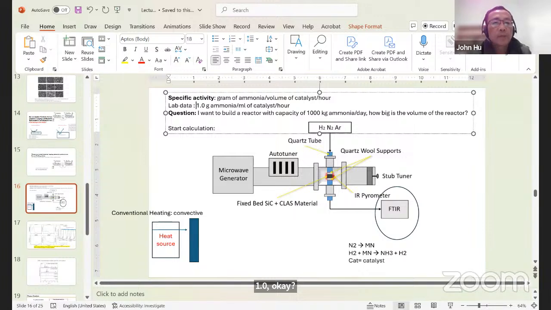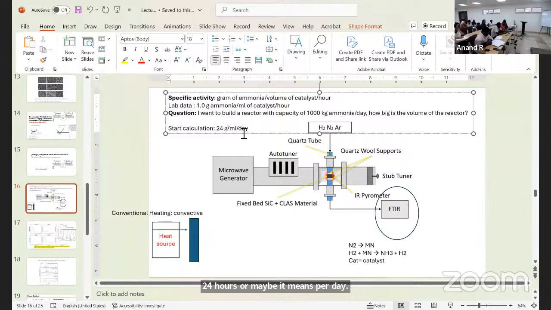Lab data: in 1 hour, 1 ml of catalyst, you can produce 1 gram ammonia. So as someone just said, in 24 hours, you will produce 24 grams per ml, 24 hours, or maybe it means per day. Make sense? Yes.